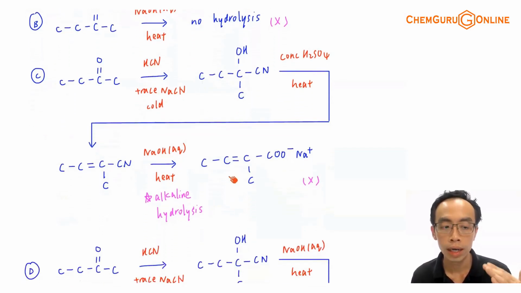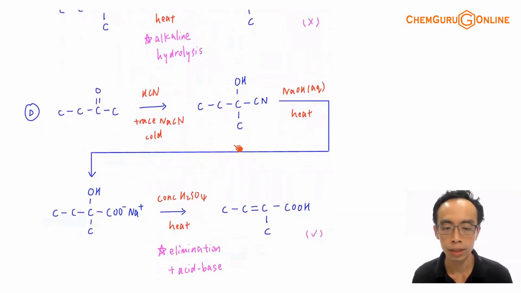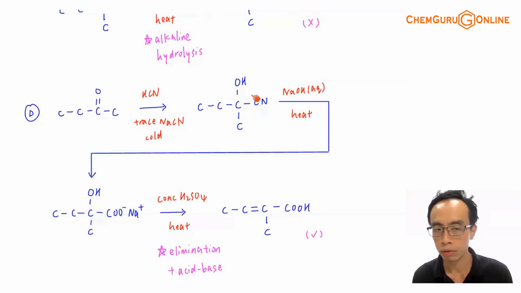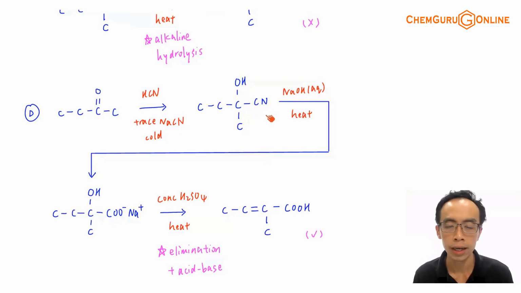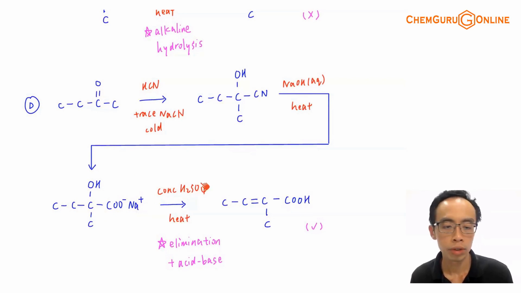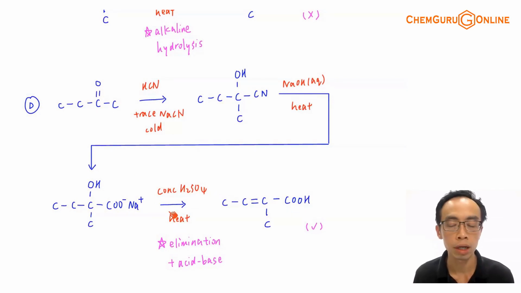Alright, so how about option D? Now option D, the sequence is here. Step number 1 is a nucleophilic addition to form my cyanohydrin, exactly the same as the previous one. The second step, we will do a hydrolysis of my nitrile in alkaline medium to form COO- Na+. So far so good. Then the third step will be concentrated H2SO4 heat, and there will be 2 reactions taking place here.